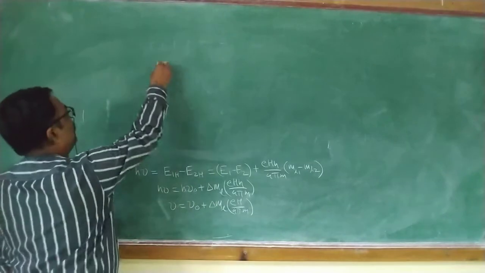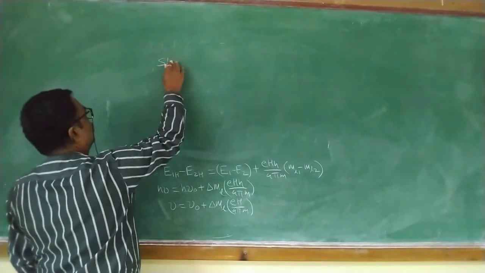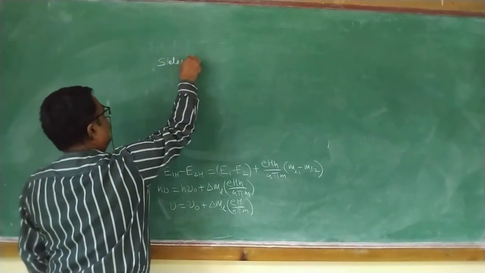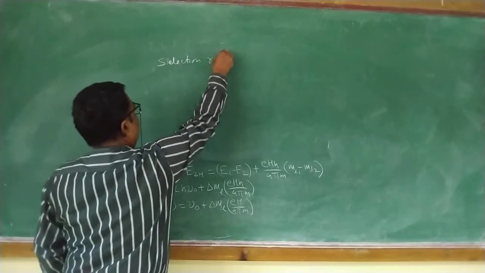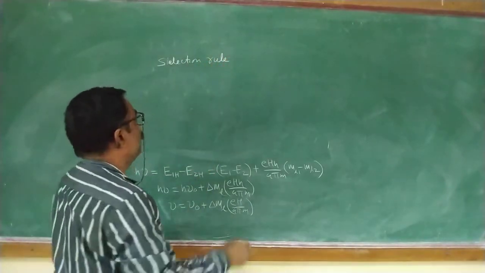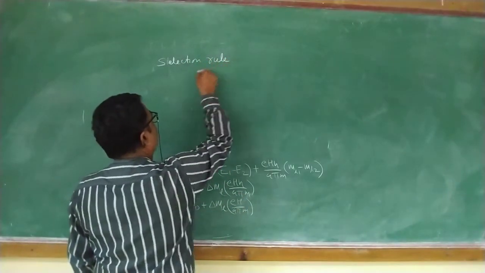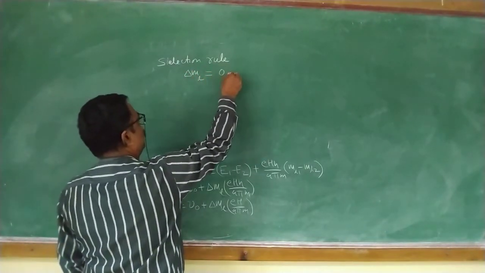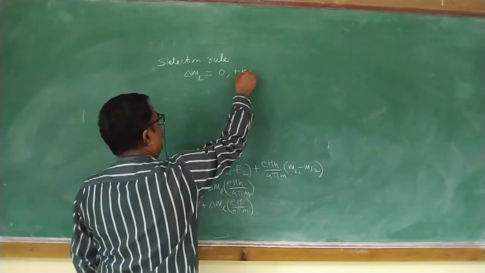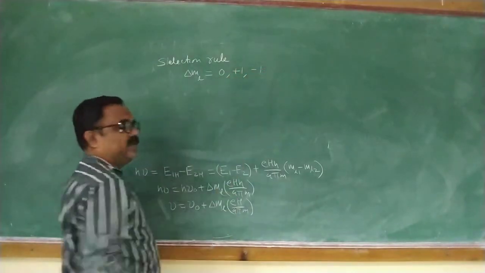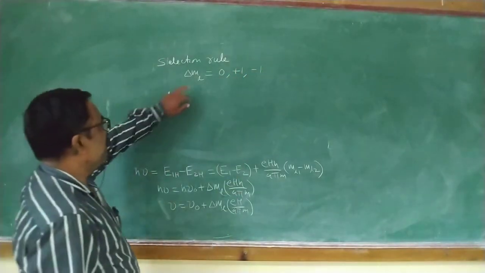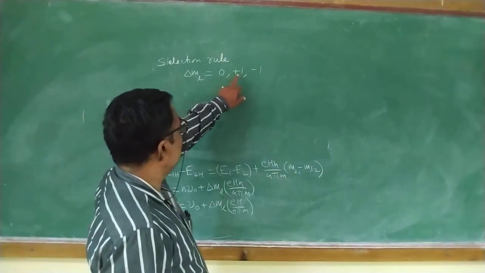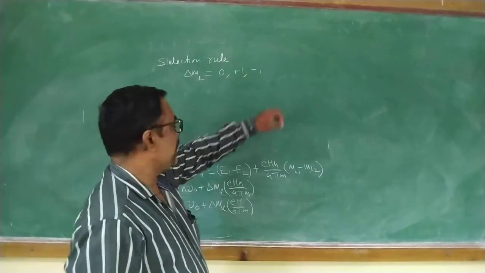Now the selection rule for ml, that is delta ml, should be equal to 0, +1 or -1.